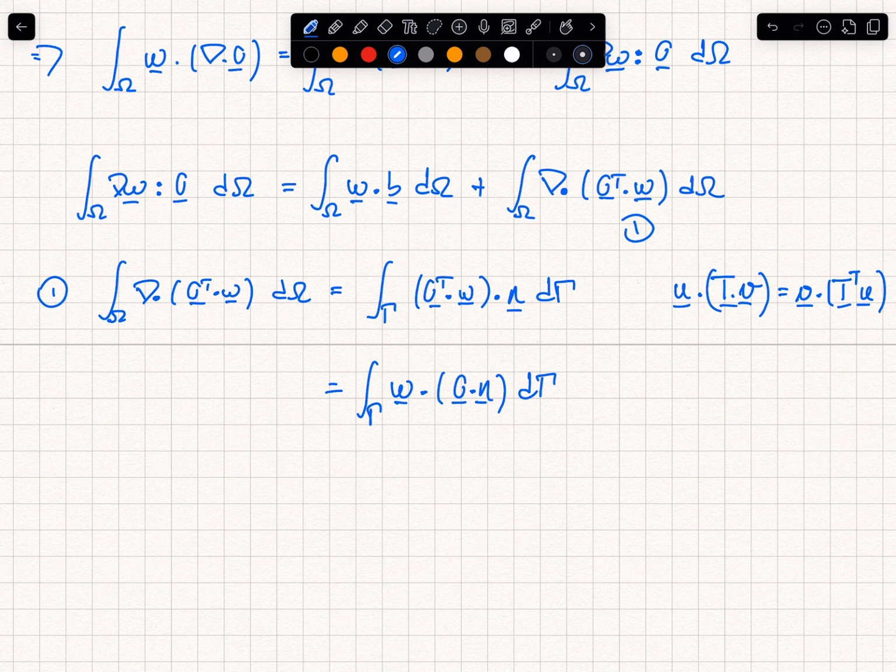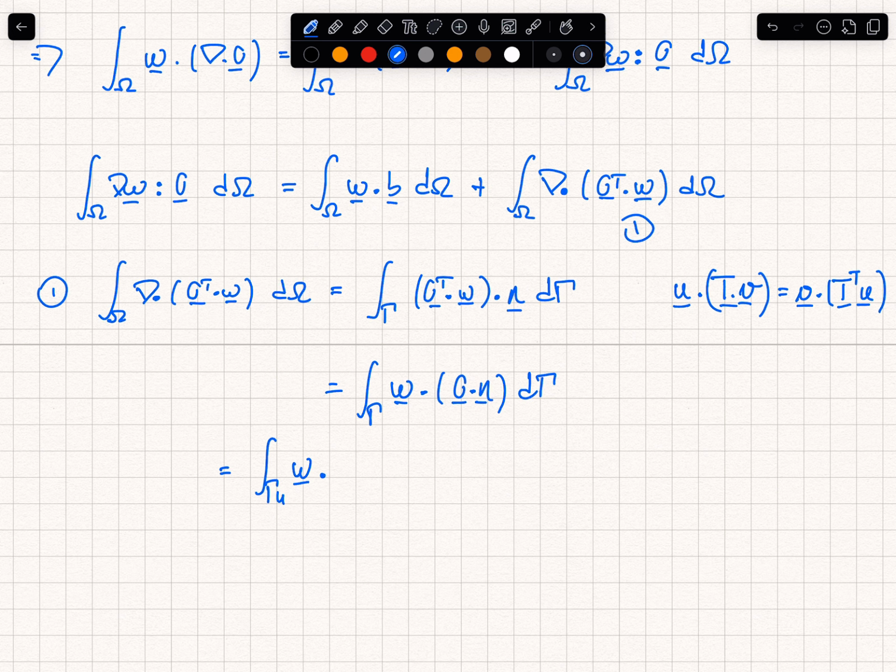So this whole thing can be written, since we have 3 parts of the boundary, as 3 integrals. We have an integral over gamma u, where my w is going to be multiplied by t. By t where? Well, in 3 dimensions. So how would we call this part of the boundary, the traction on the part of the boundary where we're prescribing directly boundary conditions?